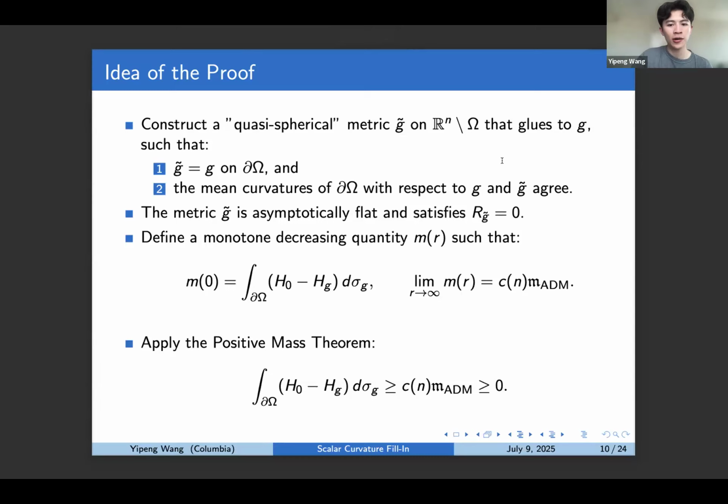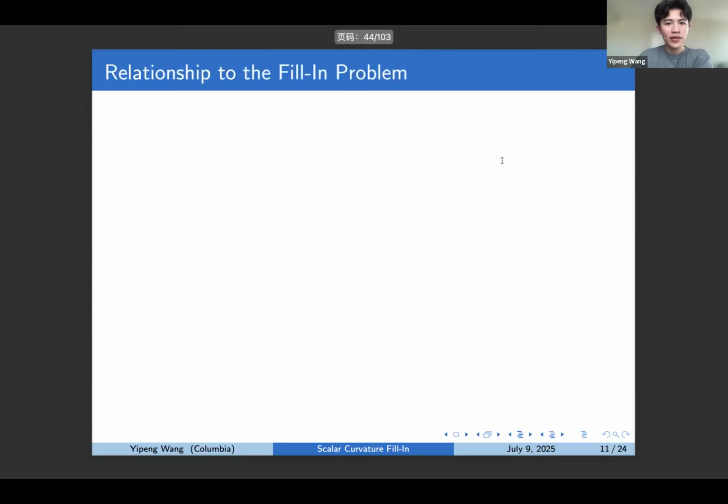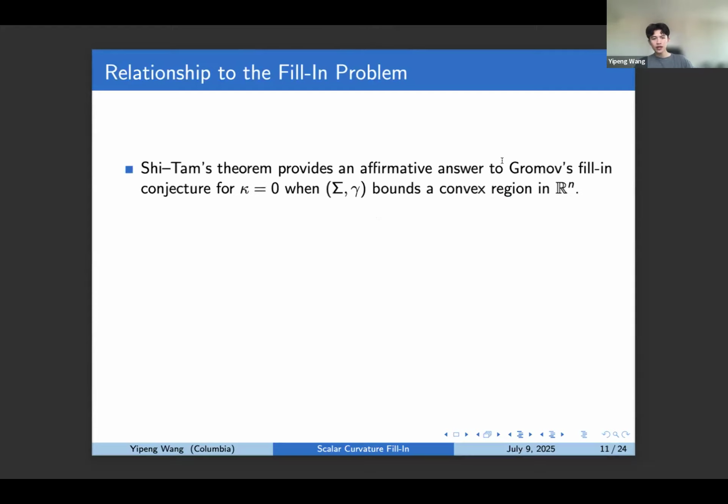Now let me get back to the actual fill-in problem that I started talking about. How is this related to the fill-in problem? The result by Shi and Tam tells you that Gromov's fill-in conjecture is true in the case of non-negative scalar curvature, under the specific case where your boundary bounds a convex region in Euclidean space.